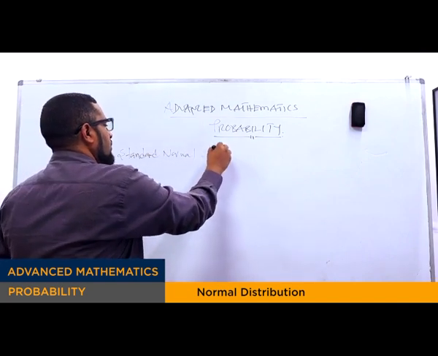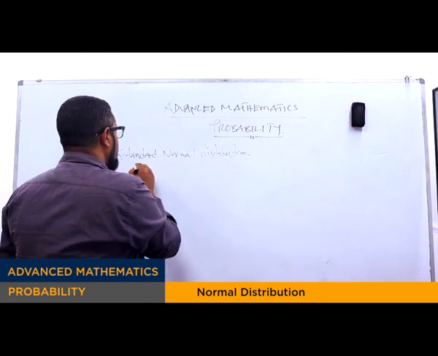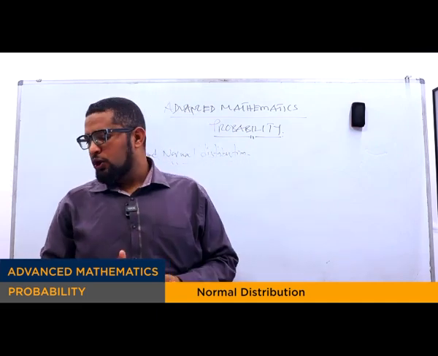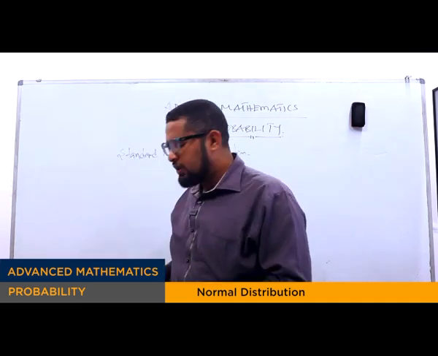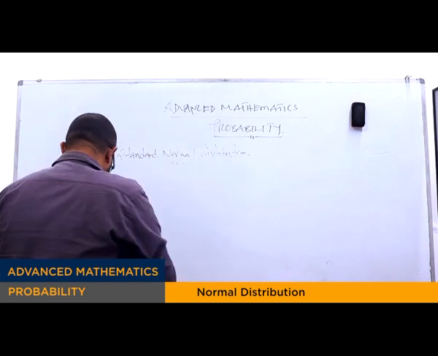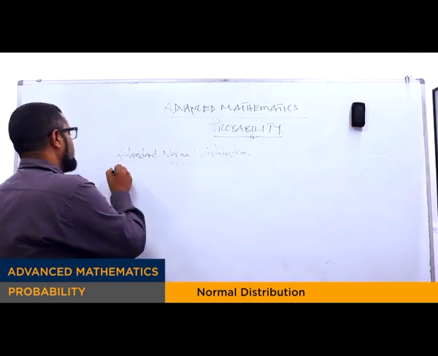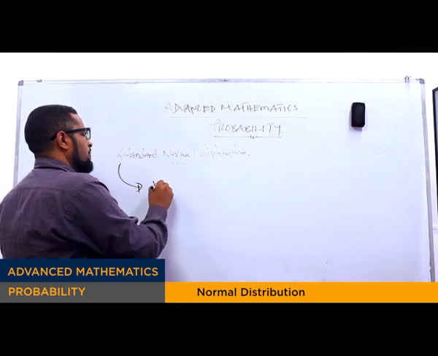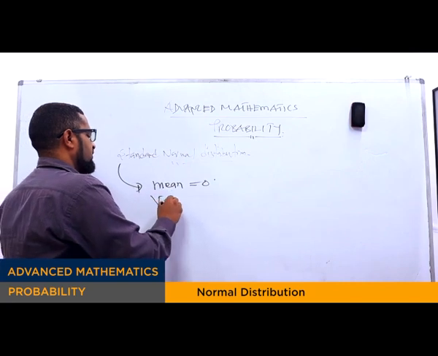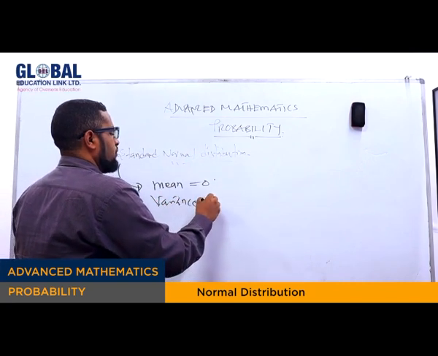This is a normal distribution having mean equal to 0 and variance equal to 1. That is what we call the standard normal distribution.